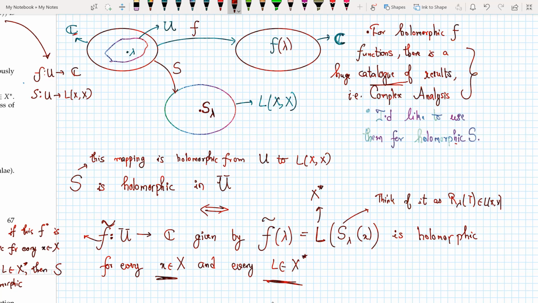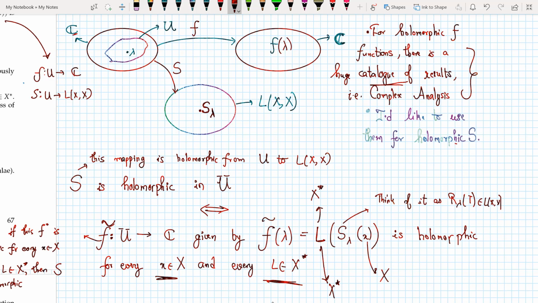So for all values of x in my Banach space capital X, and for all values of L in my space X star, if this mapping L(S(lambda)x) is holomorphic, then I can say that okay, S is holomorphic, and the other way around also.